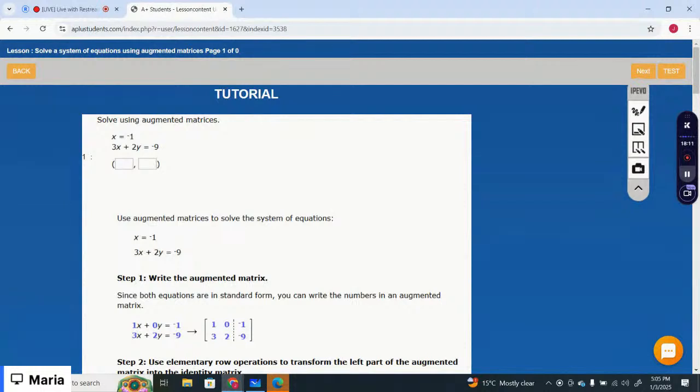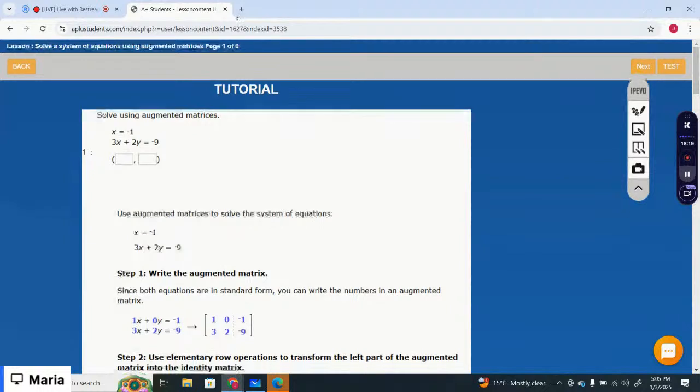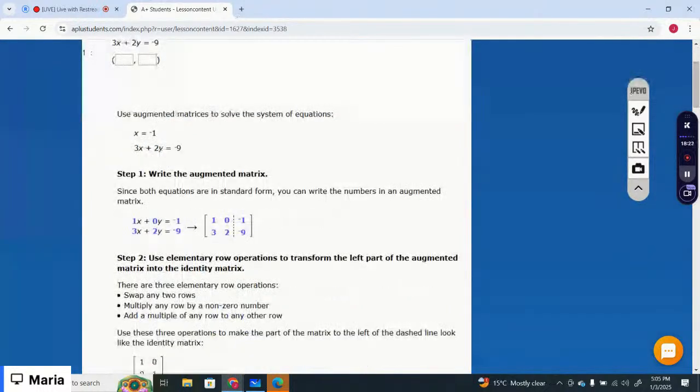So using augmented matrix, x equals -1, 3x plus 2y equals -9. The first thing you need to do is write the augmented matrix. So let's just see how we write the augmented matrix. You can rewrite these equations: you're given x equals -1, so you can write 1x plus 0y equals -1. Then the second equation is 3x plus 2y equals -9.